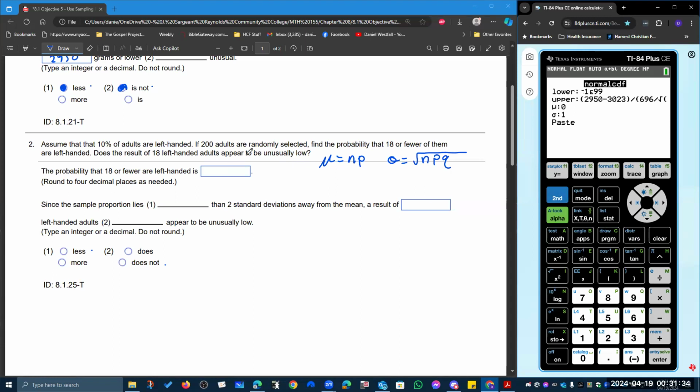And again, we want 18 or fewer, so we're going to let that go to negative infinity. And this is going to be 18 minus the n of 200 times the p of 0.1, that's 20, divided by the square root of n times p times q.